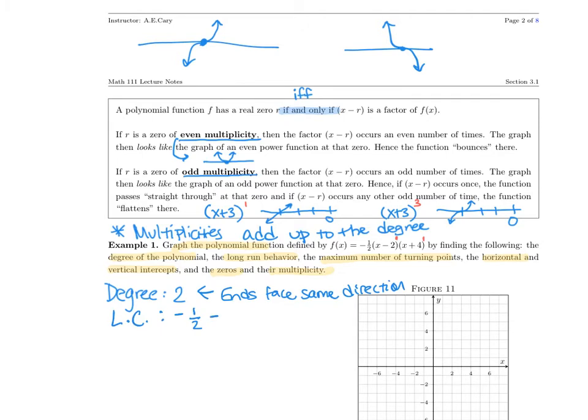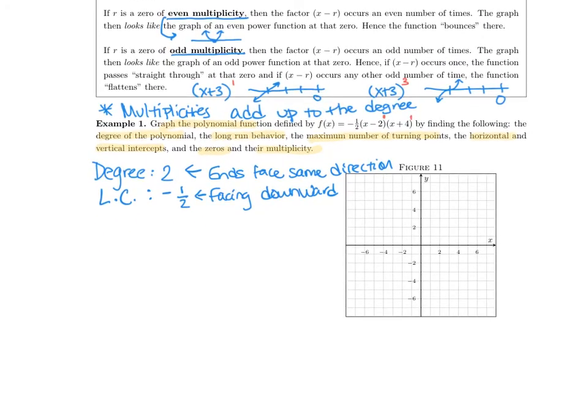Now since it's negative, it means that both of these ends are going to be facing downward. Now you don't actually have to graph it at this point, but sometimes it helps me just to go through and go, okay, both my ends are probably going to be somewhere down here. And that lets me go through and just remember that.